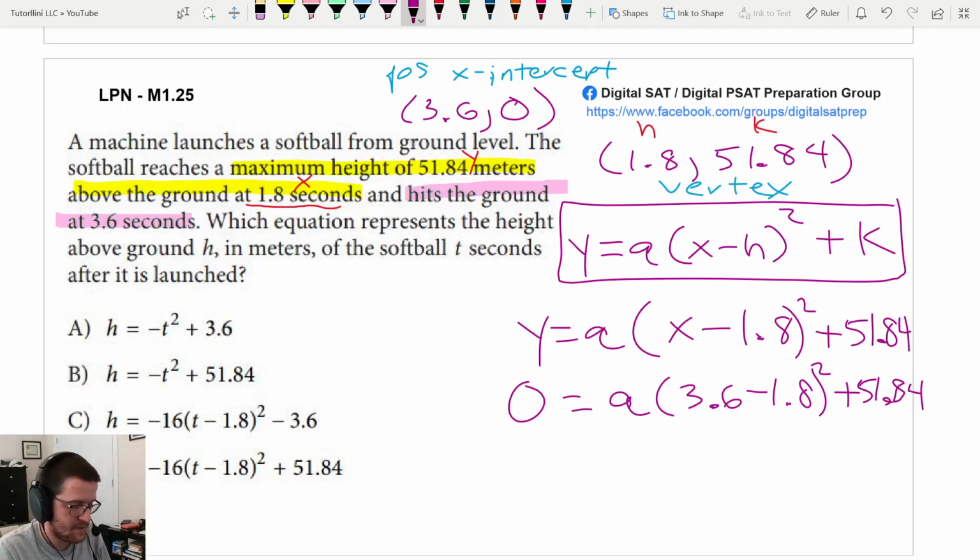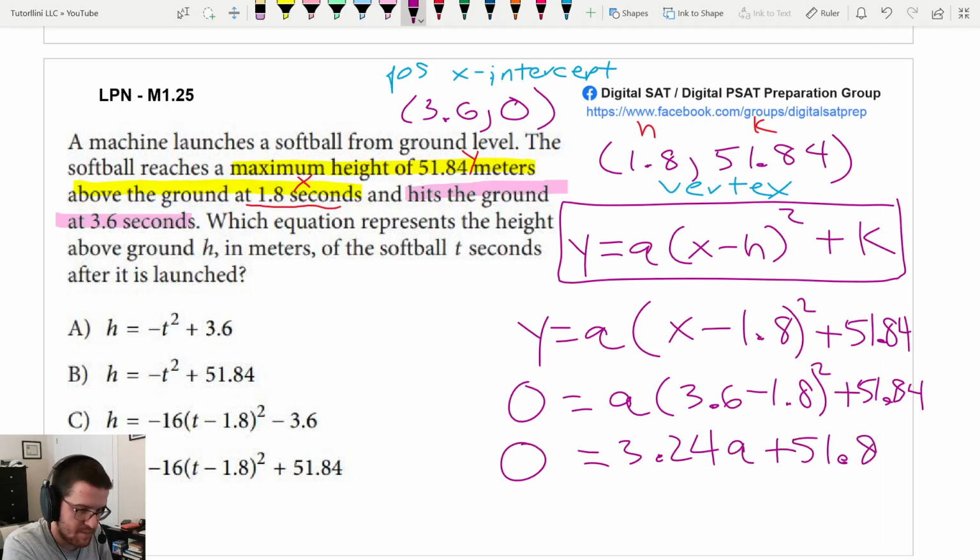And 3.6 minus 1.8 is just 1.8, and then 1.8 squared is 3.24, so we get 0 equals 3.24a plus 51.84. I'm going to subtract 51.84 from both sides, get negative 51.84 equals 3.24a.